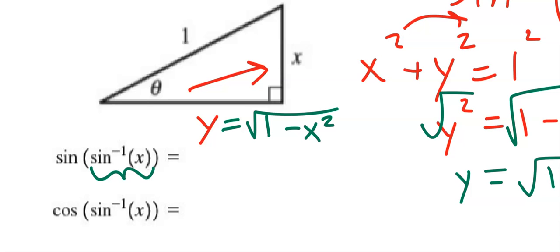What does sine inverse always spit out? It spits out an angle measurement. You need to understand that. What comes out of an inverse function is an angle measurement. Now, which angle do you think that is in this triangle?